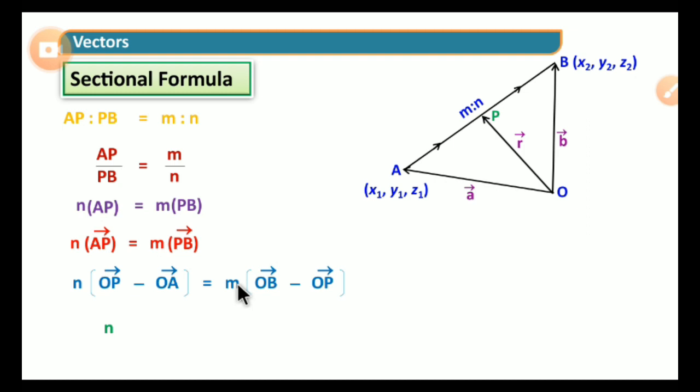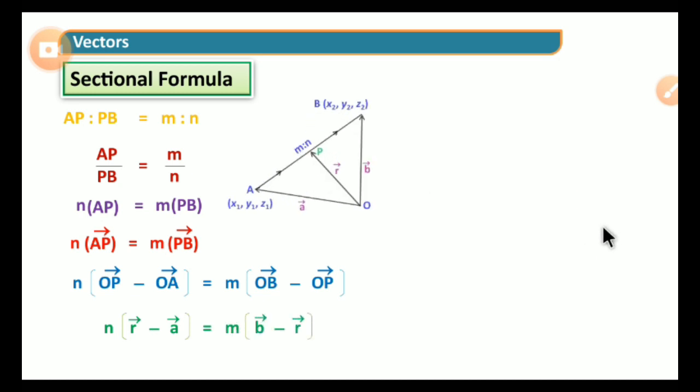Let us consider the vectors here. So n into OP, whose position vector is r, so it is n into (r vector minus a vector) is equal to m into the bracket of (b vector minus r vector).